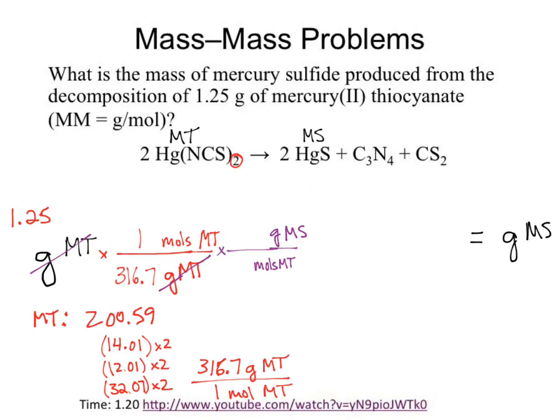So again, bust out the eraser and we have to erase. What can I relate the moles of MT to? I can relate it to the moles of MS. Where does that relationship come from? From our balanced equation. What numbers do I need to put in there?